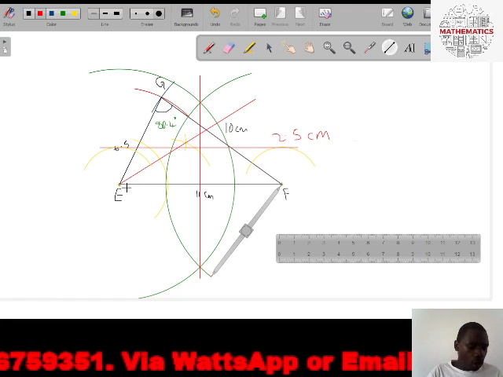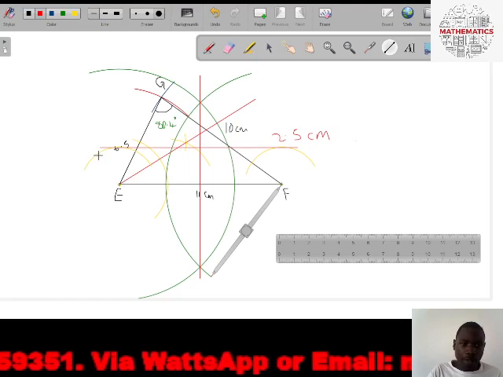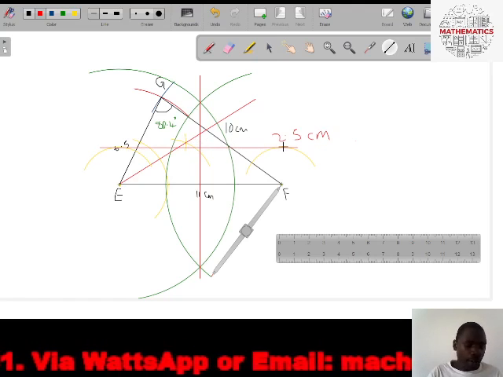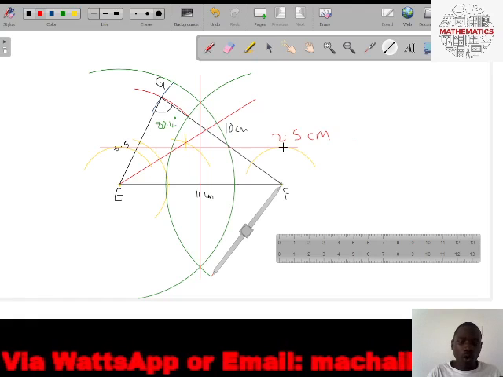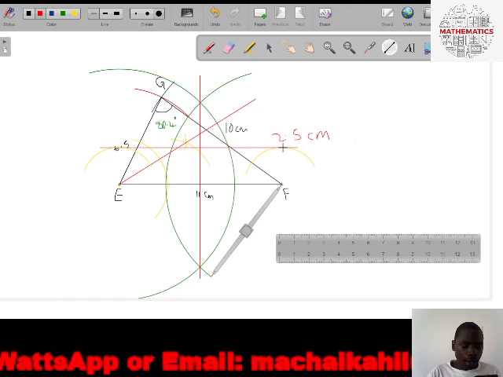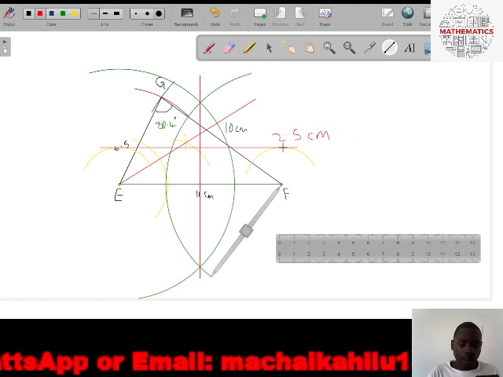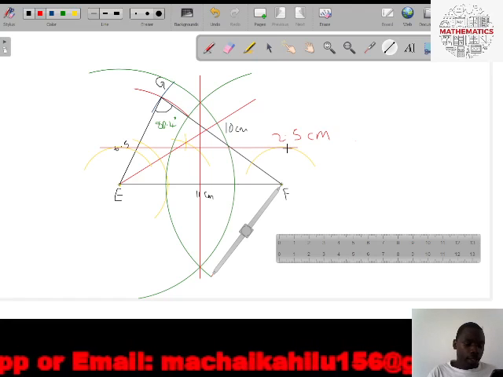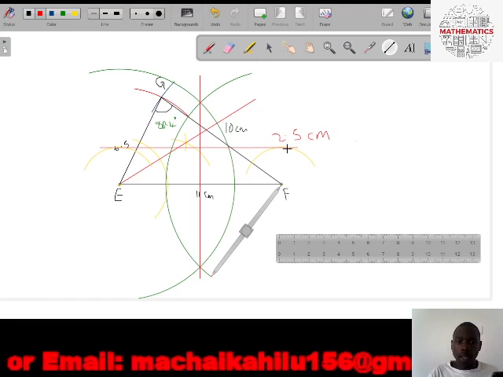Greater than or equal to 2.5. 2.5 is this arc here. This one, that is 2.5. So meaning we are going to limit ourselves there.